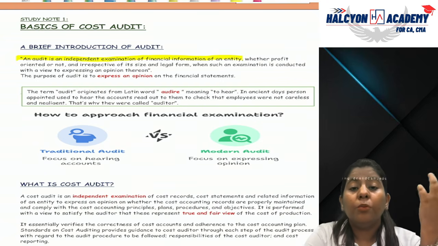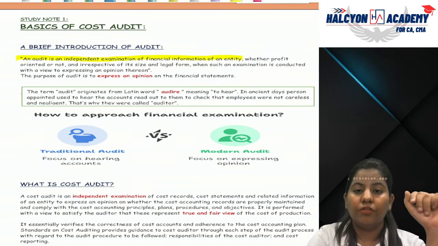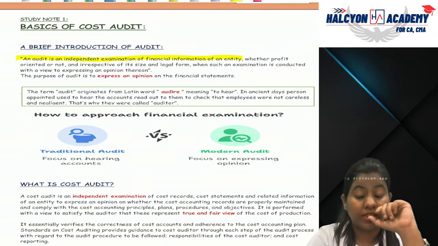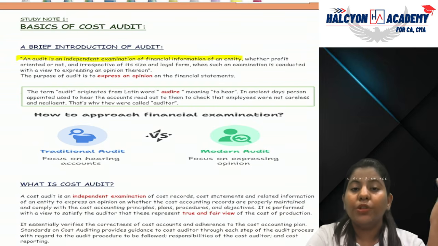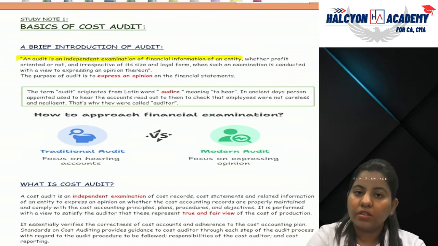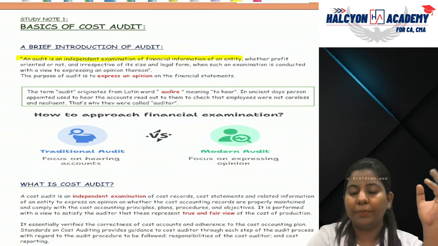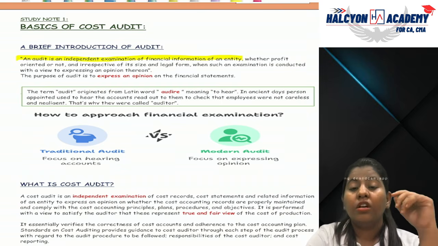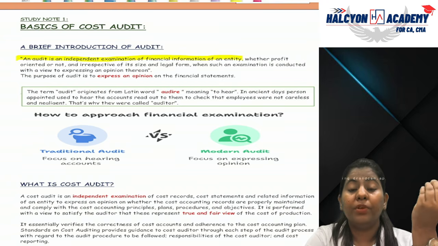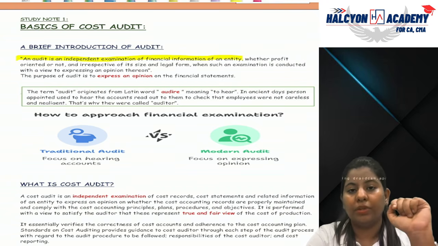Now, to whom is he going to give the opinion? For whom is he expressing his opinion? For the users, the stakeholders, right? For the users of the financial statements, the stakeholders, the shareholders, the owners of the company who have invested their money in the company.